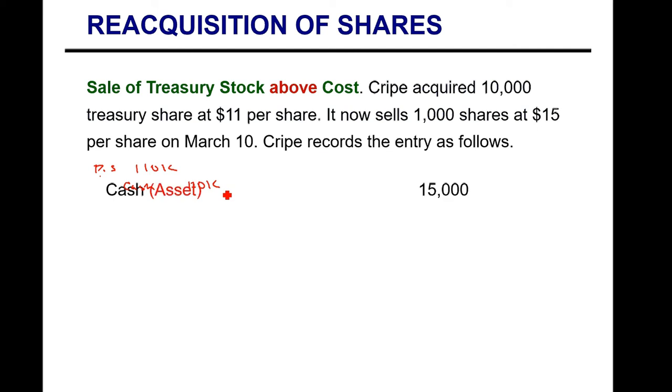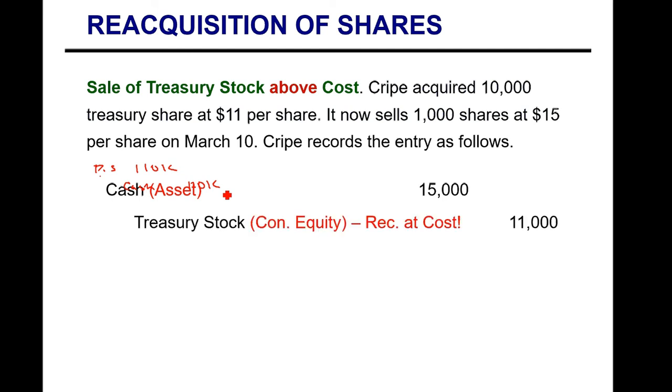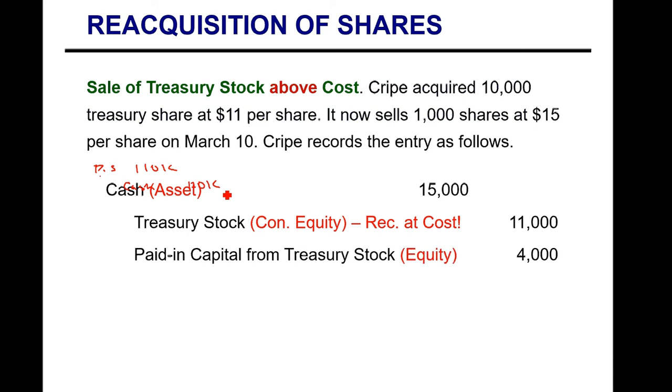Well, if we were to look at the cost value and we want to record that, then we have a cash asset of $15,000. Then our treasury stock is a contra. We record that at cost, okay? So we record it at $11,000, and then we have paid-in capital from treasury stock of $4,000 for the difference.